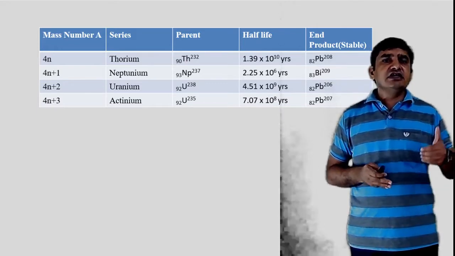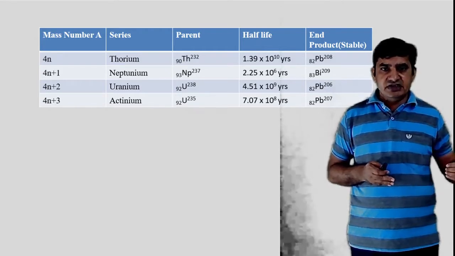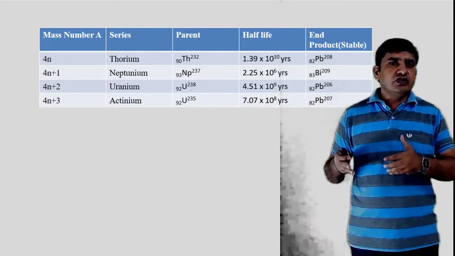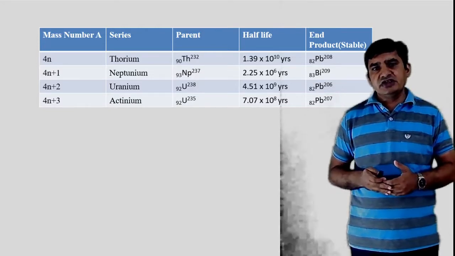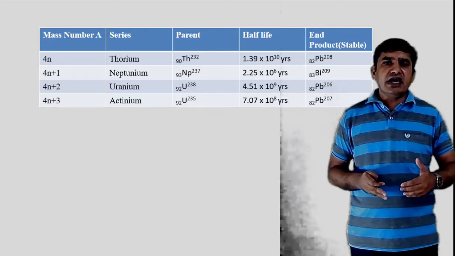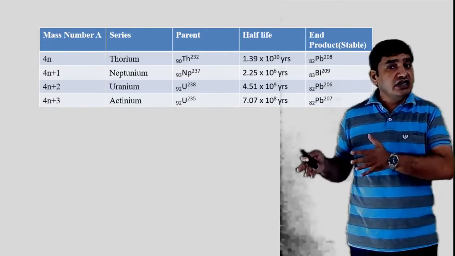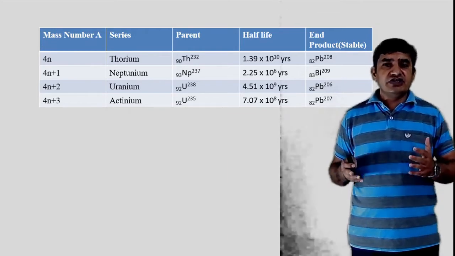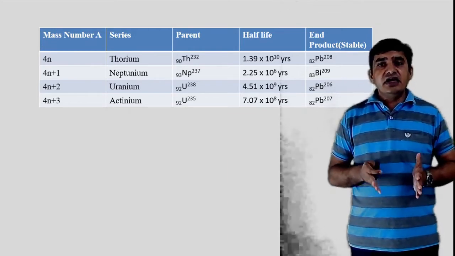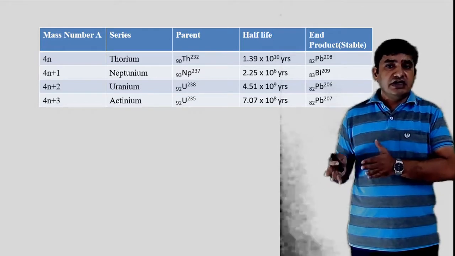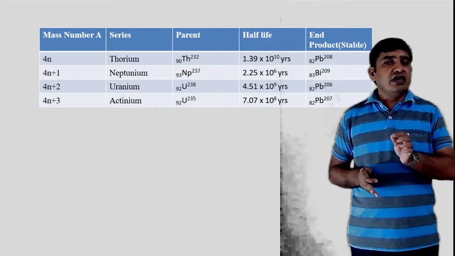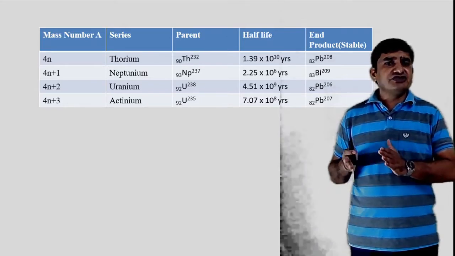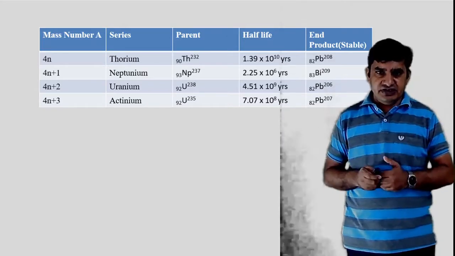The third series is the 4n plus 2 series, known as the uranium series, in which the parent atom is uranium 238. The half-life is 4.51 times 10 to the power 9 years, and the stable end product is lead 206.